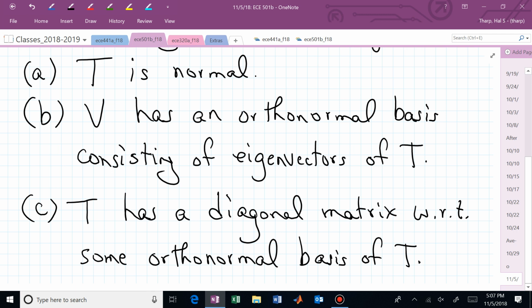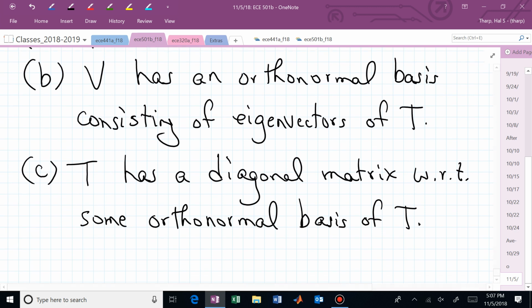If I give you T, there is a theorem or a proposition, isn't there? Remember exam number 2, studying for that?